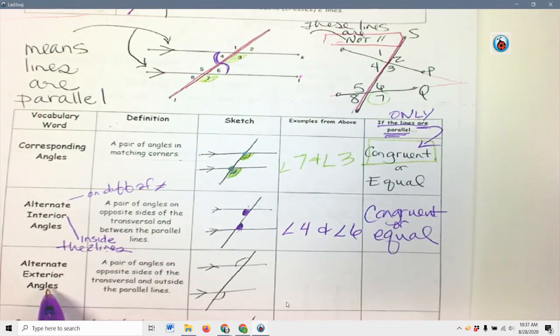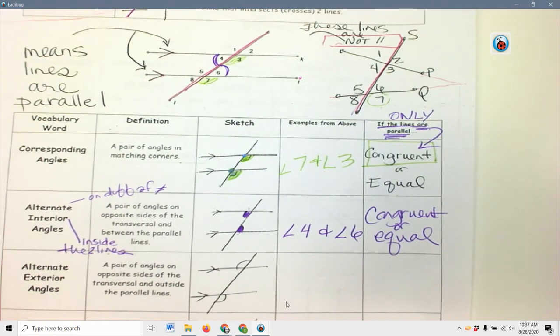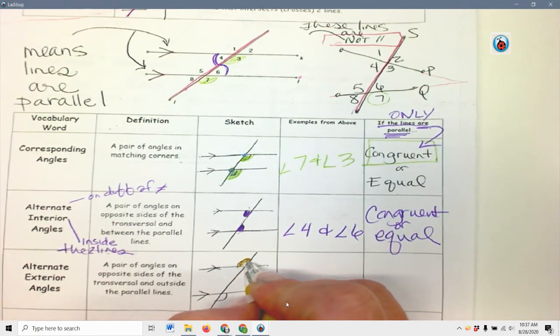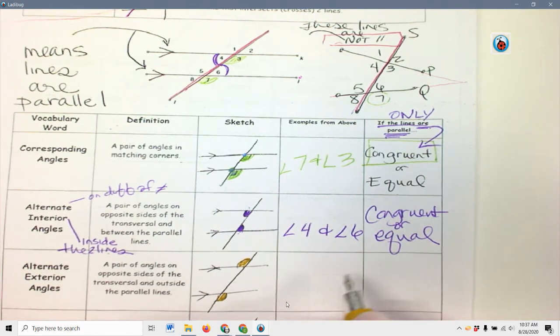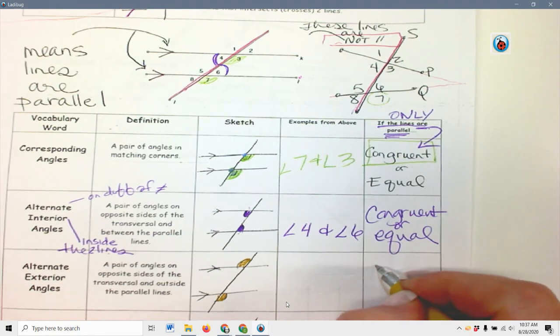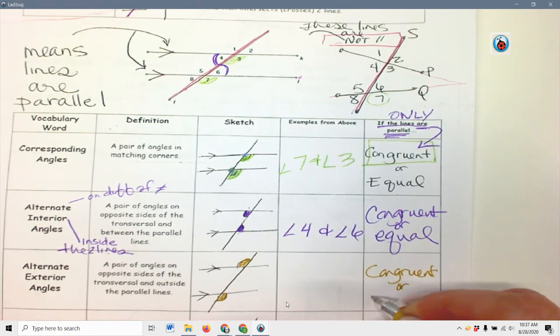Alternate exterior angles, well, it's the same. Alternate still means on different sides of the transversal. Exterior means they're on the outside of those lines, right? If the lines are parallel, they are congruent or equal.